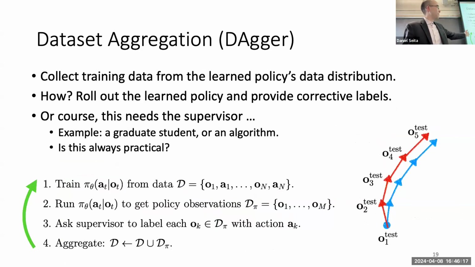And then that basically leads to Dagger. And then I think your bullet point here is, of course, this needs a supervisor. So here's what Dagger is. Dagger stands for Dataset Aggregation. So just make sure that the D and A are both capital, because when you write it in, it'll auto-correct you to a lowercase a.